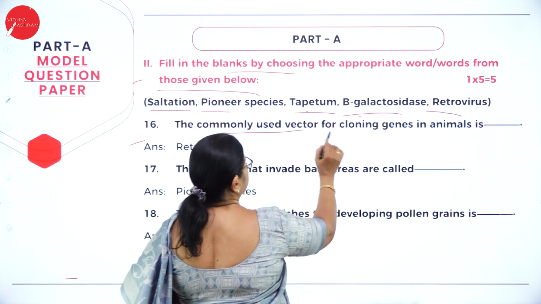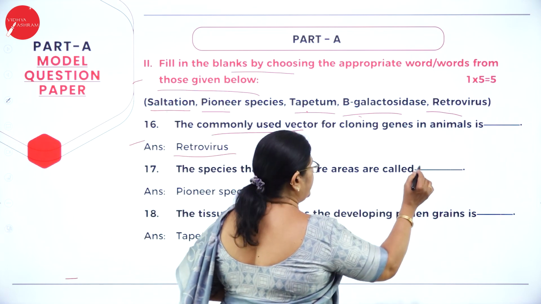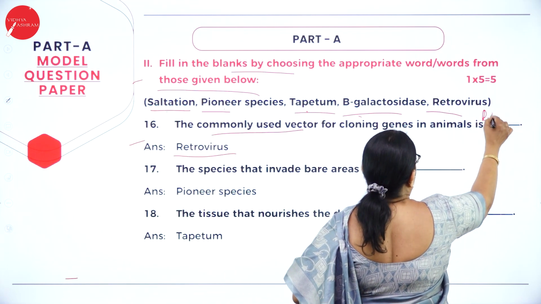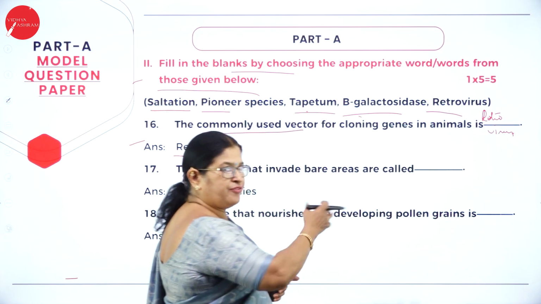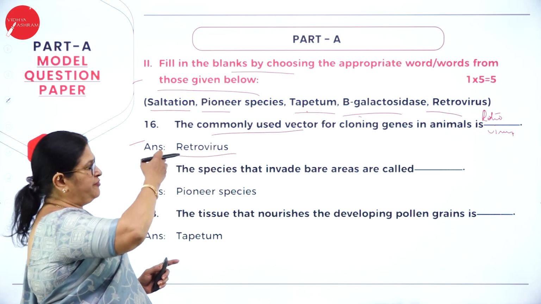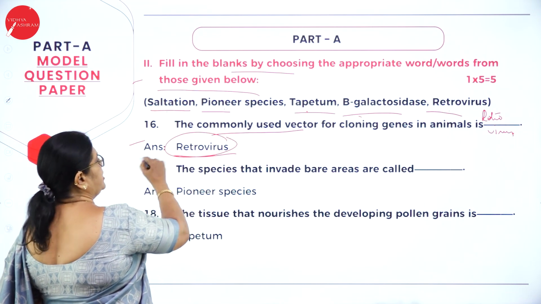So the commonly used vector for cloning genes is retrovirus. So here we have to write retrovirus. You need to fill the blank with the right answer. So the answer is retrovirus.